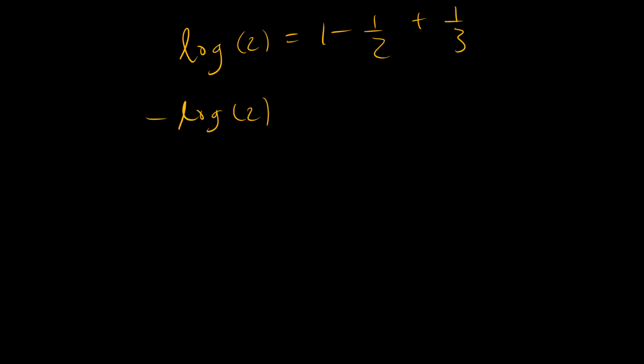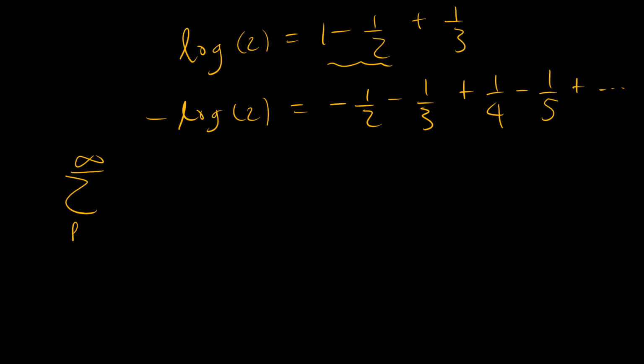Since we've seen log 2 to be 1 minus a half plus a third and so on, negative log 2 is the same as this series, and this part here is just positive a half, so it's negative a half minus a third plus a fourth and so on.